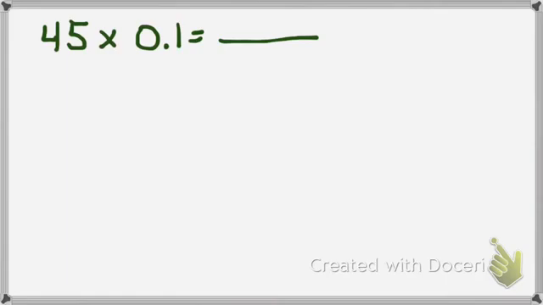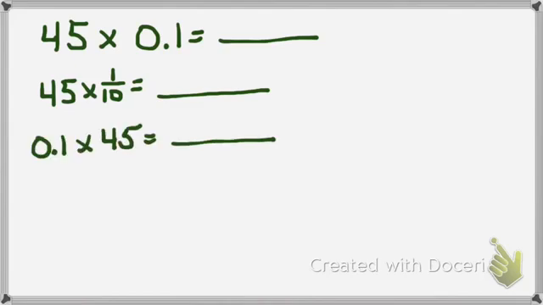Here's another way that you might see this problem. You may see it in fraction form. 45 times 1/10 equals blank. Or the base 10 number may come first. Here we see it in decimal form. 0 and 1/10 times 45 equals blank. Or the fraction form, 1/10 times 45 equals blank.